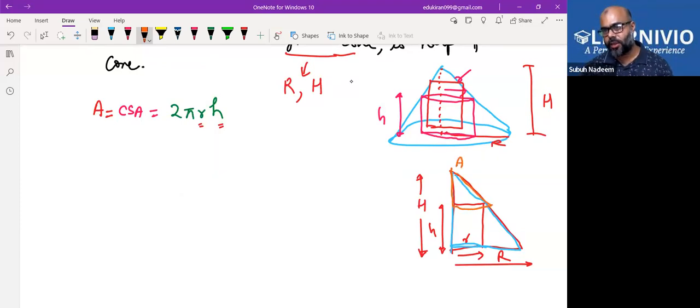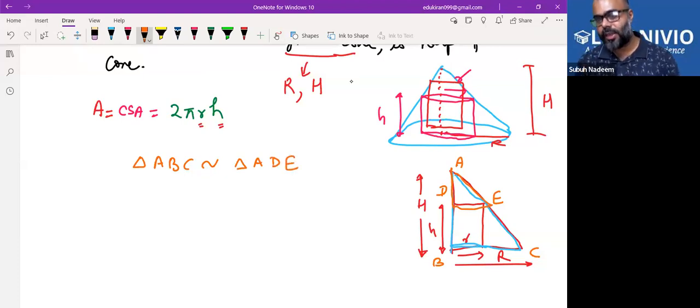So triangle ABC is similar to triangle ADE, right? Triangle ABC is similar to triangle ADE. So we can say the sides are proportional.